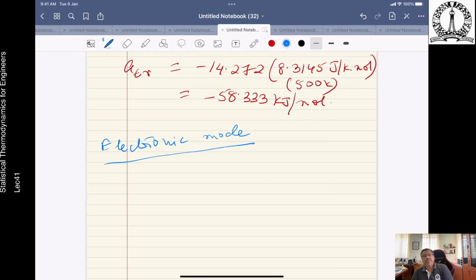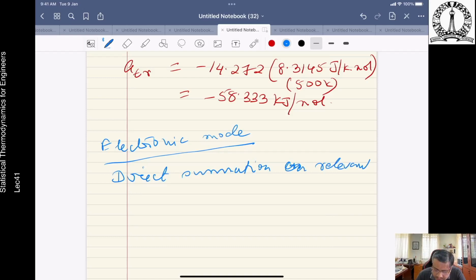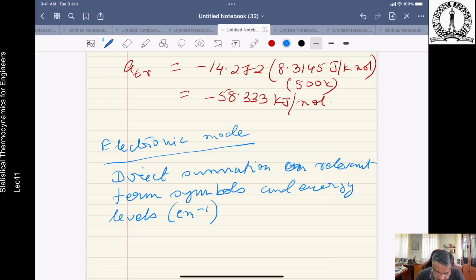The electronic mode requires a direct summation on the relevant term symbols and energy levels, which are given in centimeter inverse.